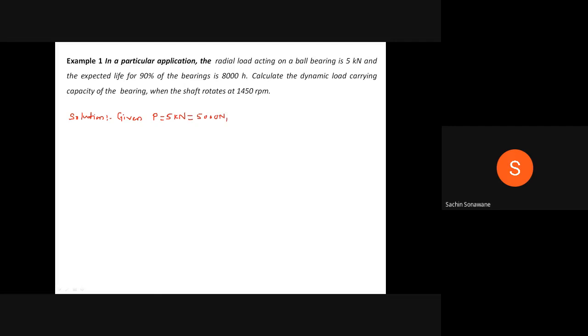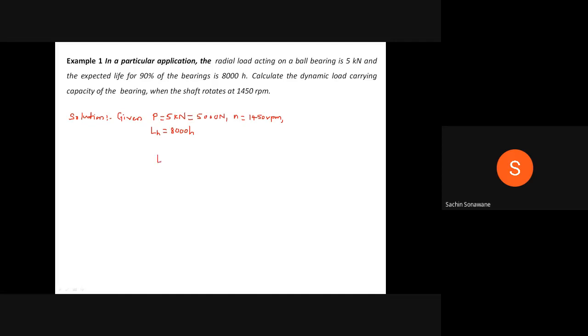The RPM is given, small n is equal to 1450 RPM. L10h is given, which is equal to 8000 hours.